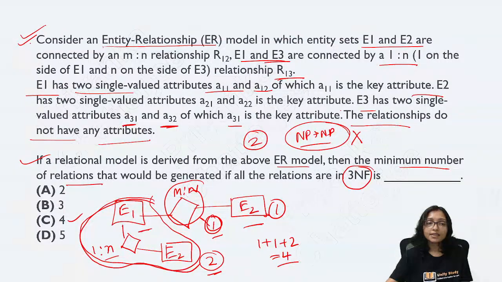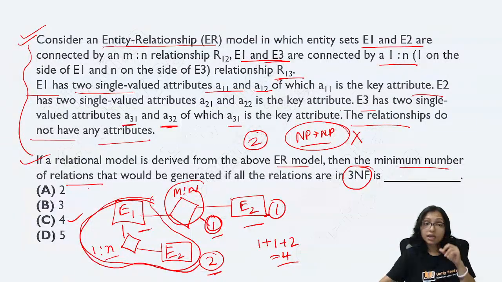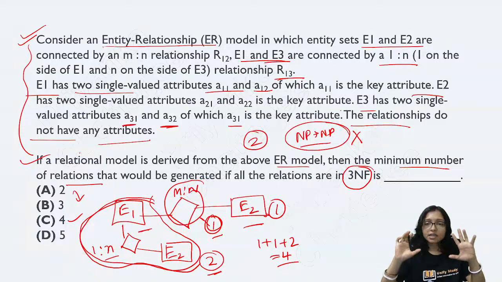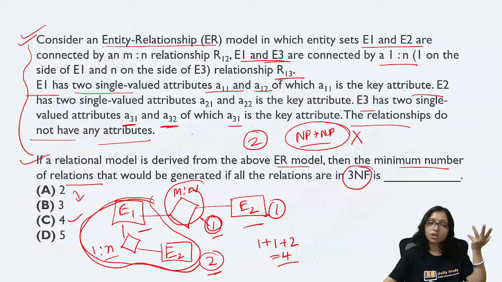They are making this type of story to confuse you. Read the story and draw the diagram and come to the solution. That is the simple one. Read the story, draw the diagram, come to the conclusion. Don't be confused. There will be no chance, because only 2 attributes are present.